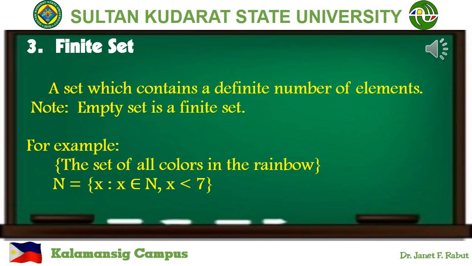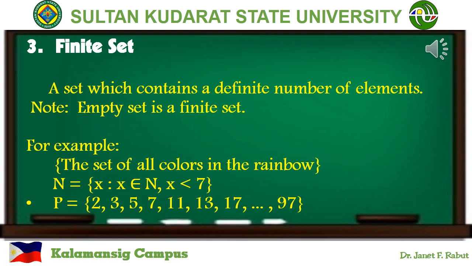Another example, P is a set of 2, 3, 5, 7, 11, 13, 17 up to 97. So we can count the prime numbers which are the elements of P from 2 up to 97.